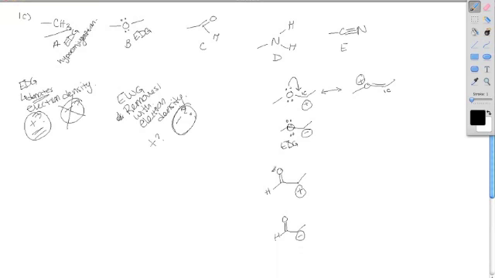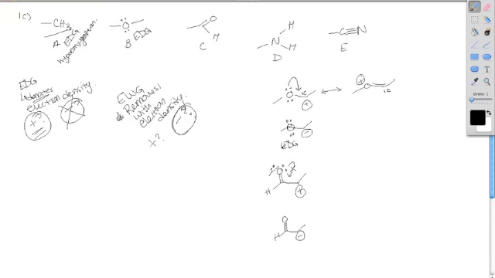Remember, this carbonyl, while it does have the lone pairs, it's not going to be able to donate those lone pairs down. This is not going to happen. I know a common pitfall that a lot of students first being introduced to this concept have is believing that anything with lone pairs is going to be an electron donating group, not an electron withdrawing group.